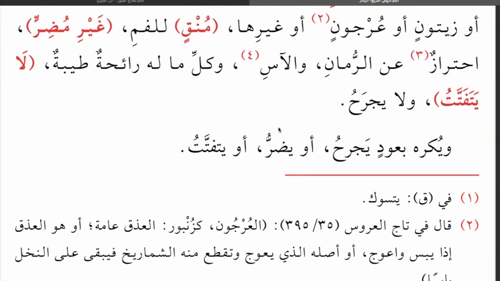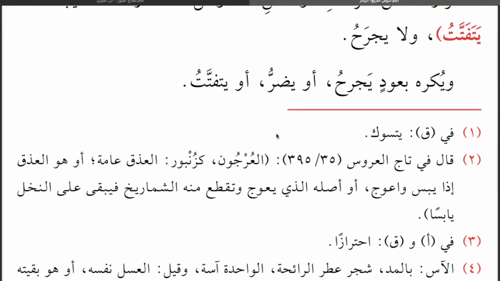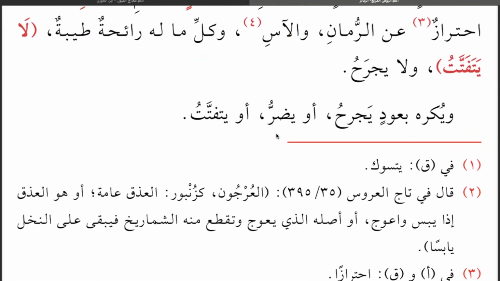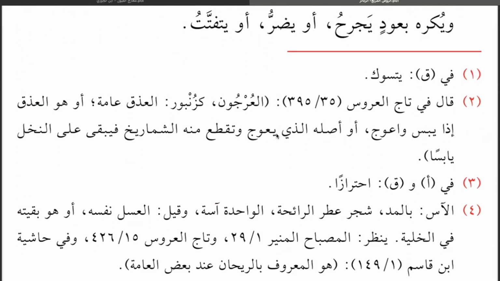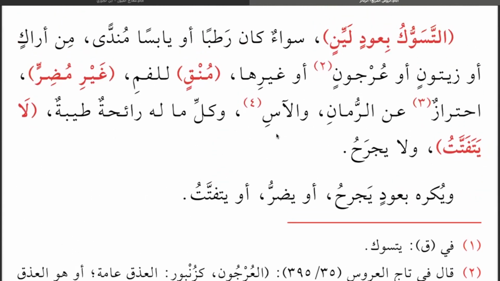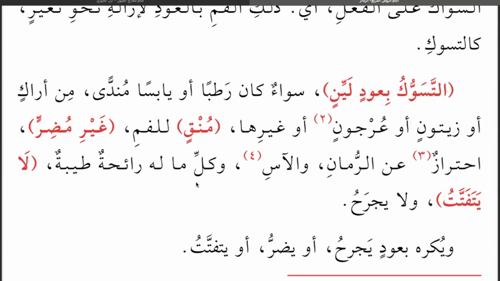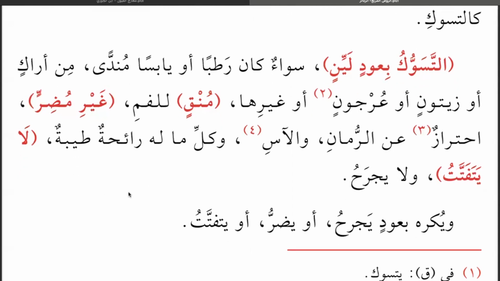Wal-as is one of the things the author mentioned here, which has a smell to it. It is a tree that has a fragrance, evergreen or something like this. So وكل ما له رائحة طيبة, and anything that has a pleasant smell, because this can be harmful, it has a taste to it, things of that nature.